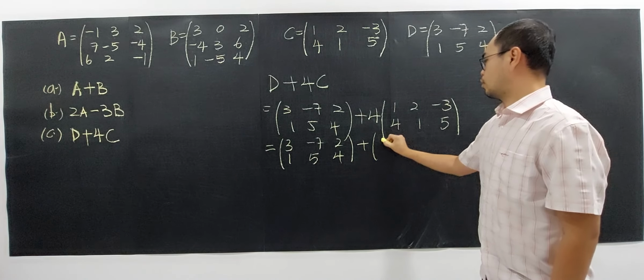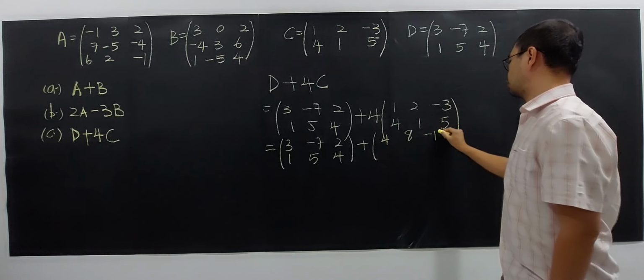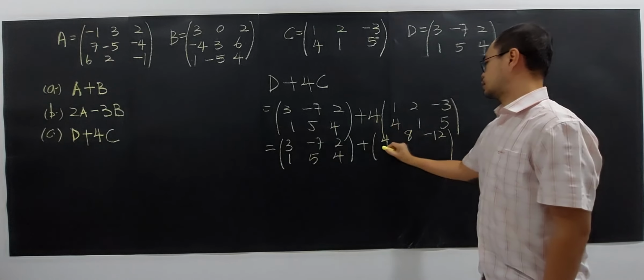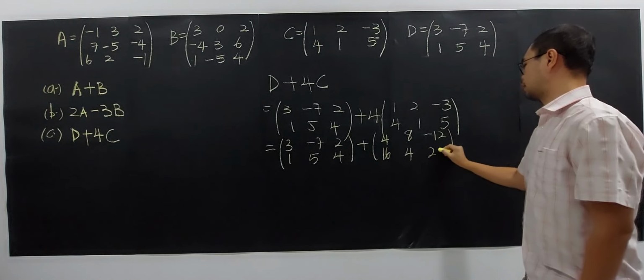So plus 4 times 2 is 8, -12, 16, and 4 times 5 is 20.